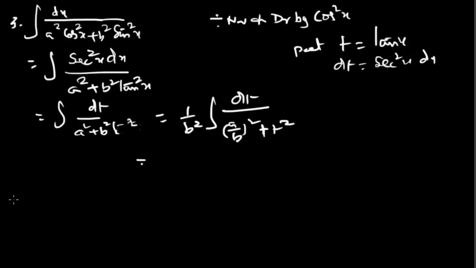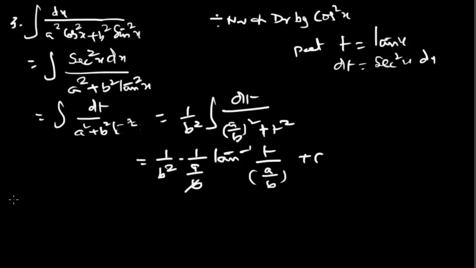Now this is 1 by a tan inverse, 1 by b squared is there, and a is a by b, so 1 by a by b into tan inverse t divided by a by b plus c. Here one b cancels, and that is 1 by ab tan inverse b by a, because 1 by a by b becomes b by a, t is tan x, bracket close, plus c.